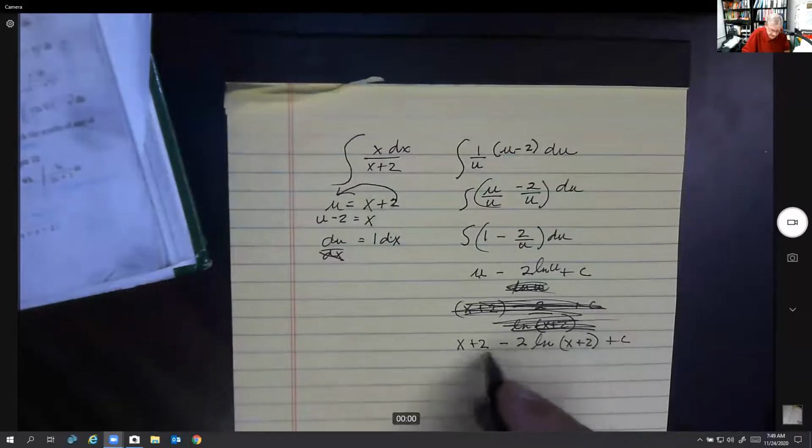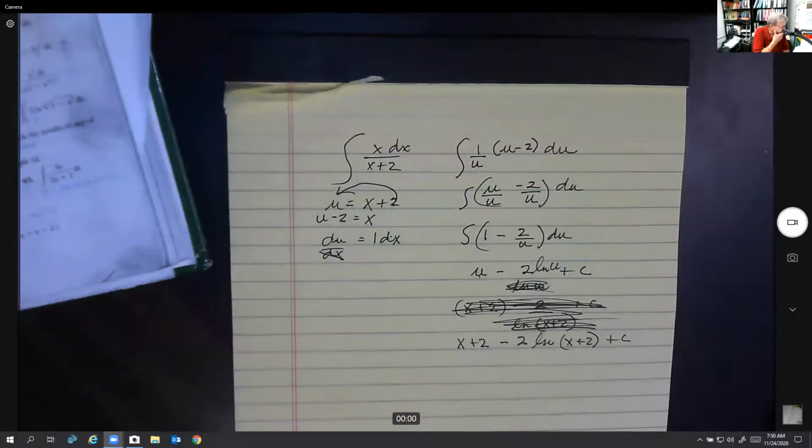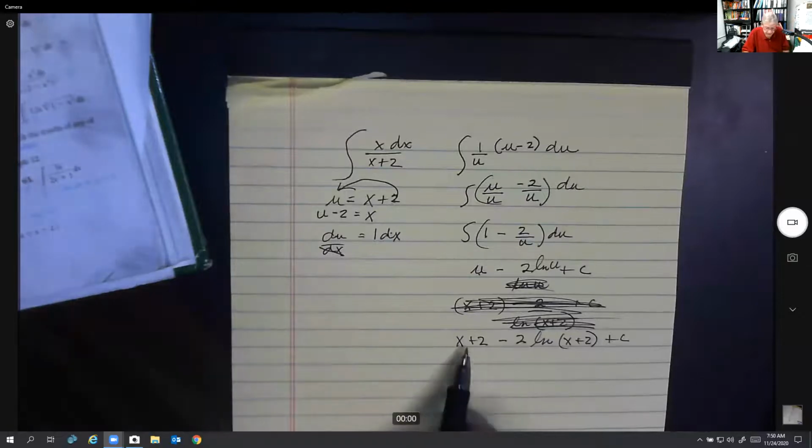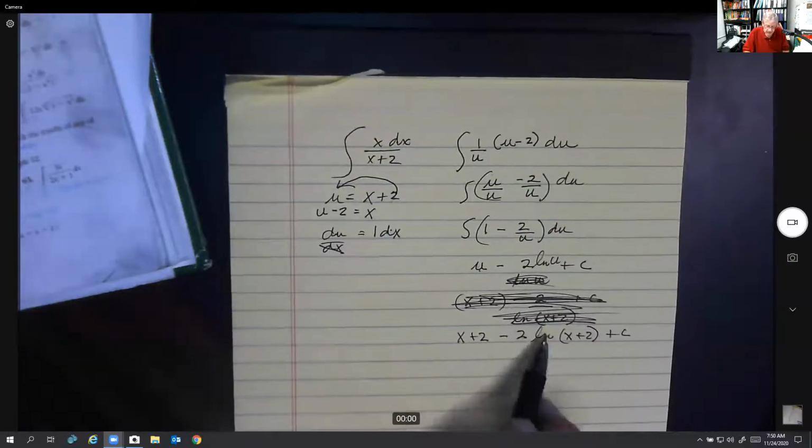They have this, and then the next step is just x minus 2. Reversing the substitution.